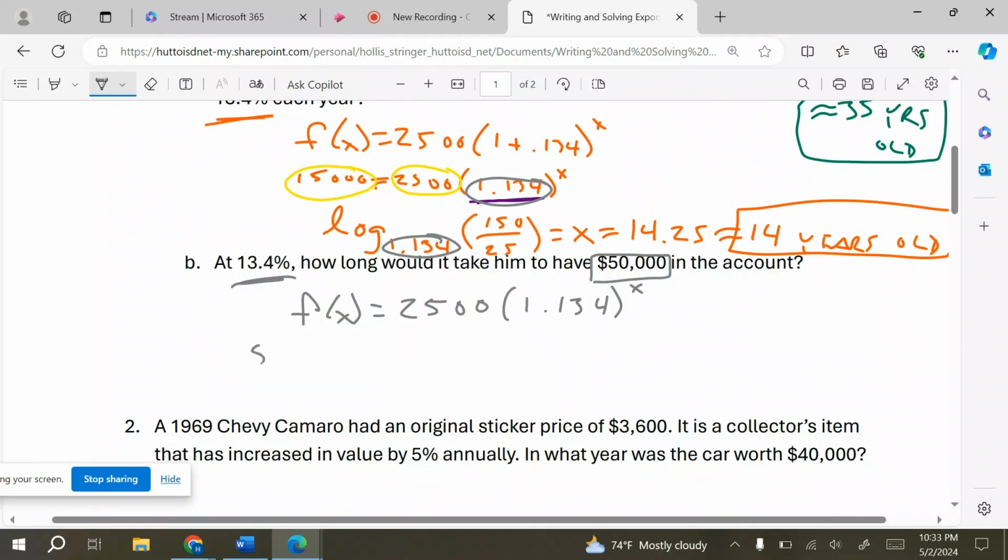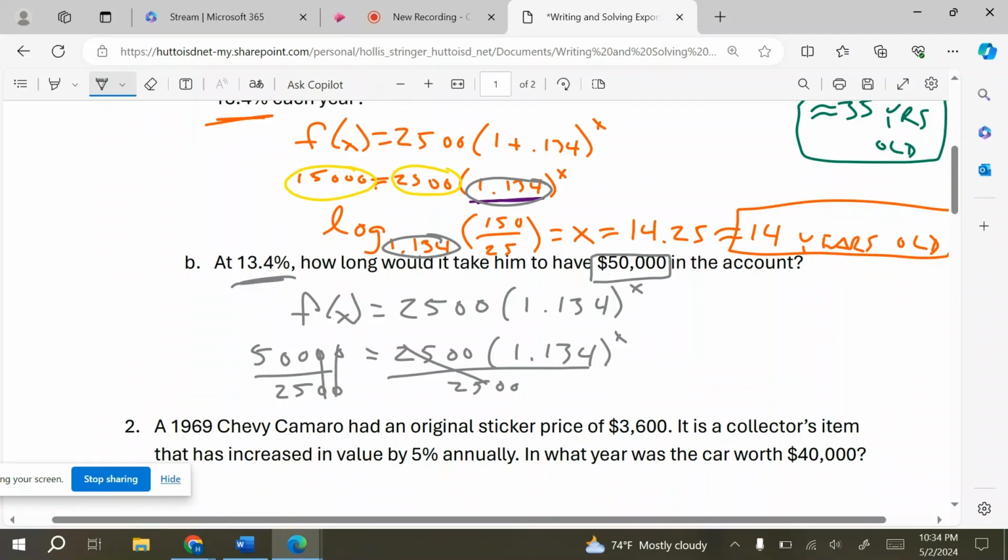Now we need that to be equal to $50,000. My steps would be the exact same. I would divide by the 2,500. So I'm going to divide both sides by 2,500. This is going to go away completely. 1, 0, 1, 0.